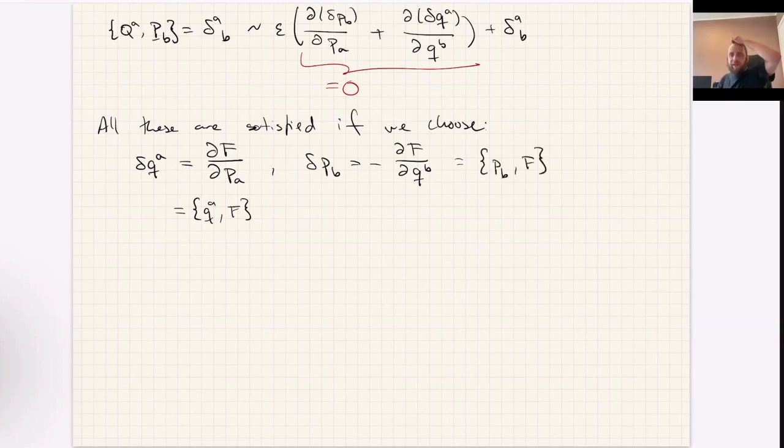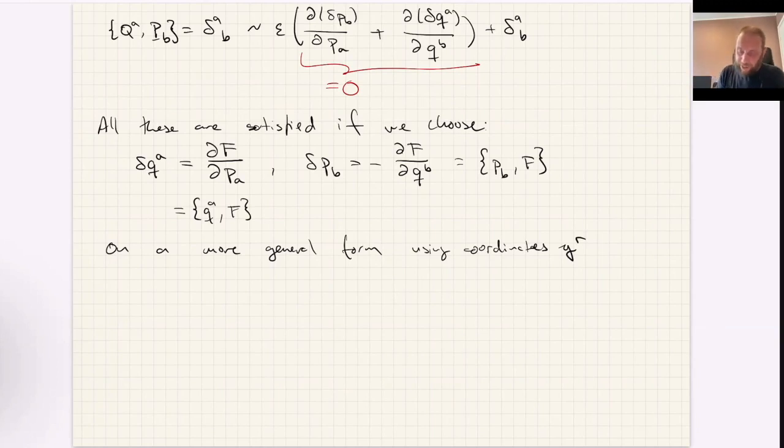So if I want to write this in a slightly more general form, using coordinates YR. So YR are all of the coordinates, both the Q's and the P's. You can order them such that the first n coordinates are the Q's and the second n coordinates are the P's.